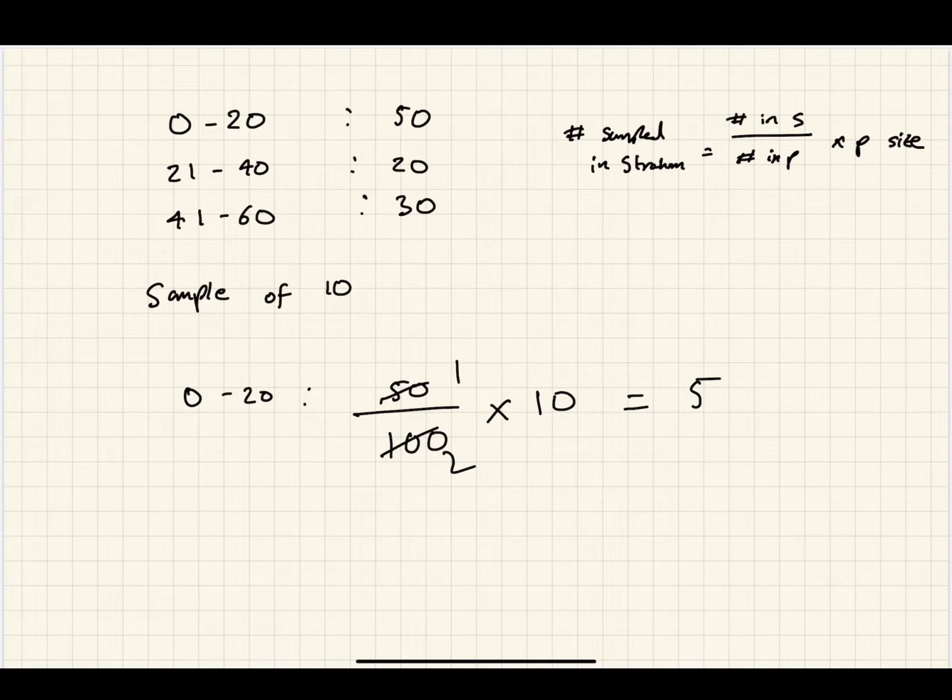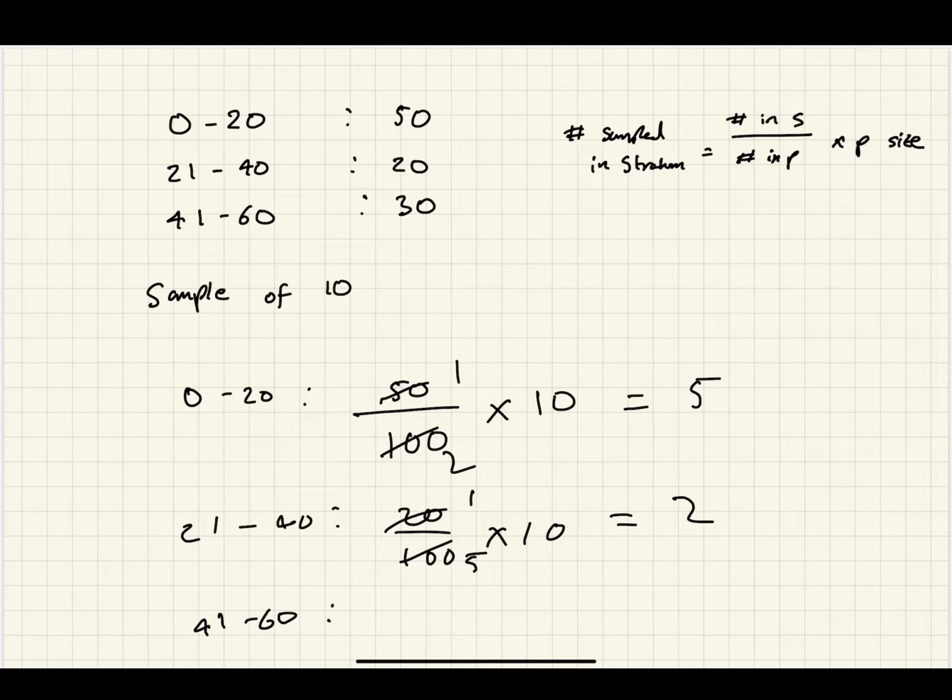If we do the same thing for the 21 to 40-year-olds, we find there are 20 out of 100. We times this by 10, and this gives us 1 over 5 times 10, which is 2 people. If we do this for the 41 to 60-year-olds, we have 30 over 100.